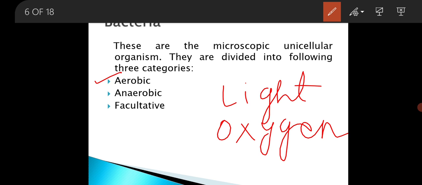Next one is anaerobic bacteria. Anaerobic bacteria do not require light and oxygen for their existence. Third one is facultative bacteria. These bacteria can exist in the presence or absence of oxygen, but generally they grow in a rapid manner in the absence of air.